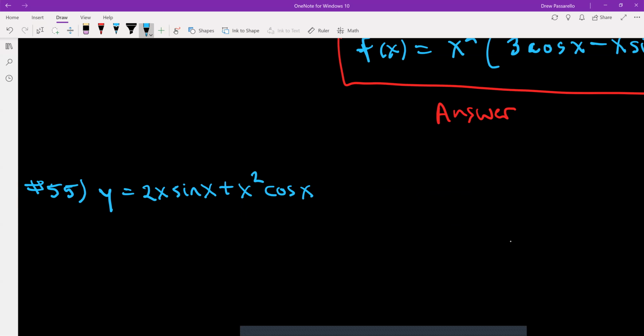All right, so this one's more complicated. And you could go about this two ways. I could try to factor out a common variable x, and then apply the product rule in that fashion, or I could apply the product rule to each component.